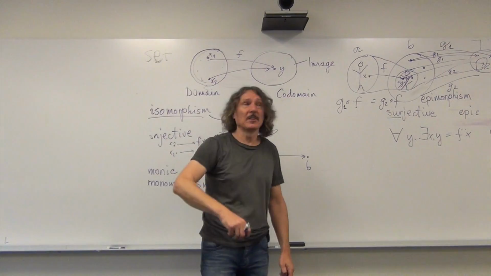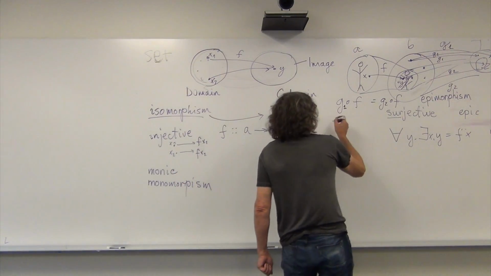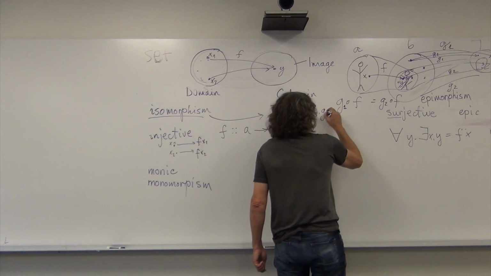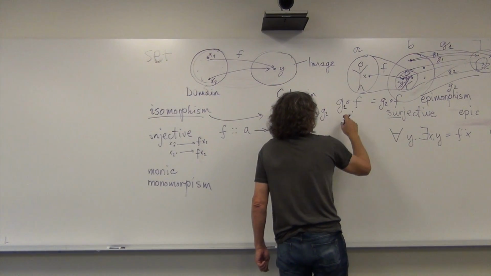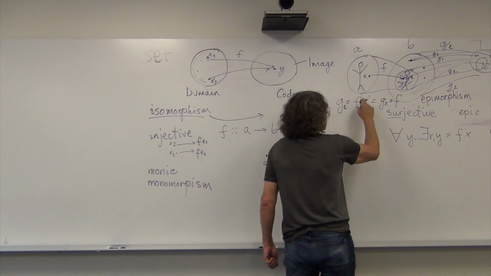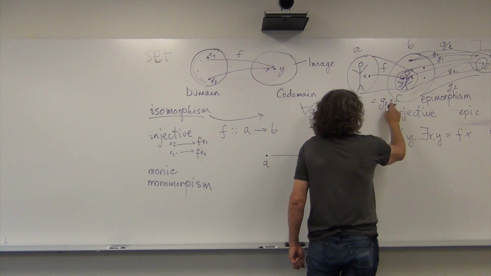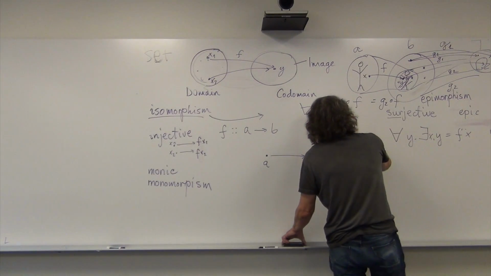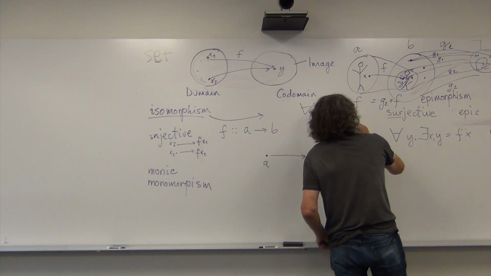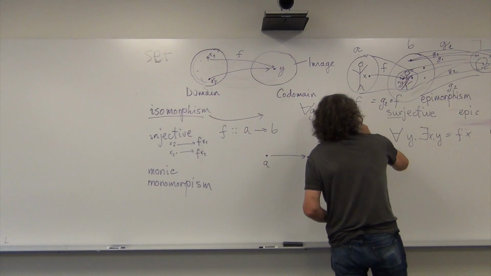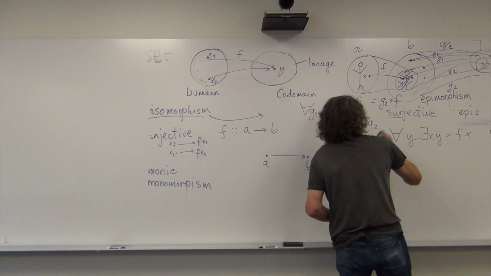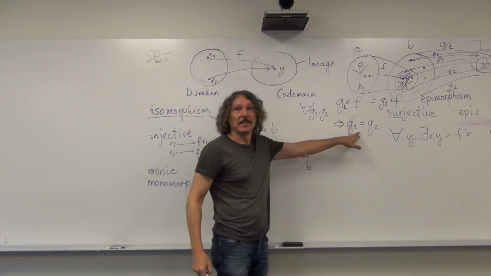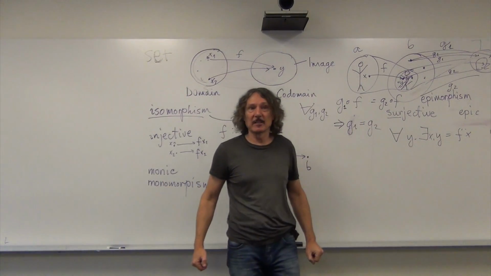So the converse of this is, if for every g1 and g2, if g1 after f equals g2 after f, follows that g1 is equal to g2, if for every such combination, then I can say this function is surjective, right?